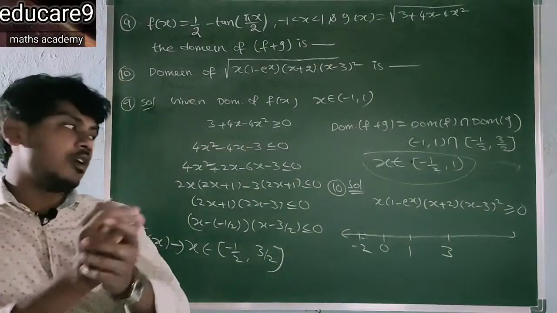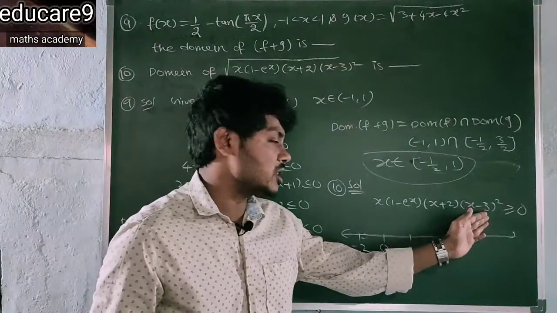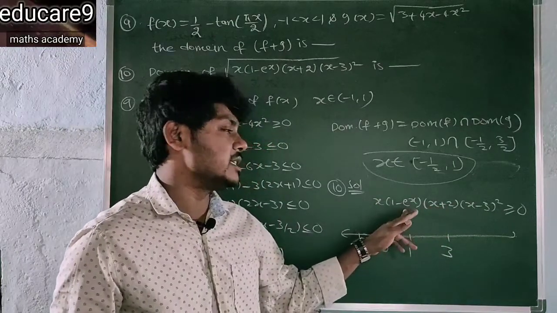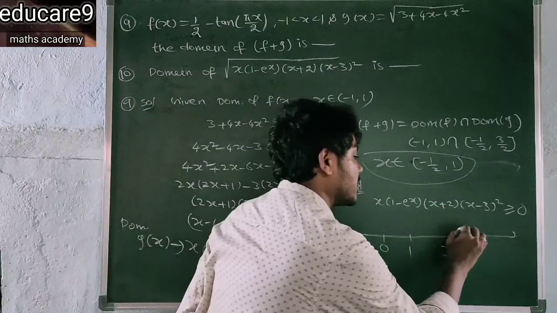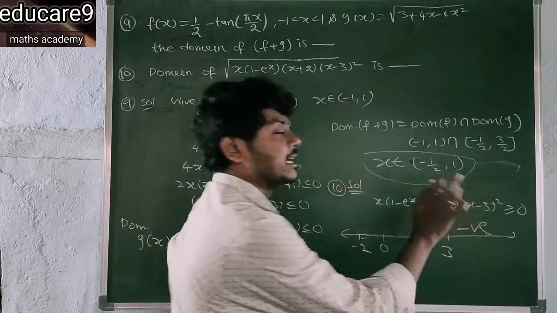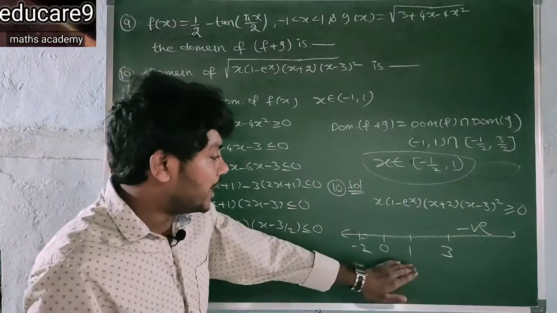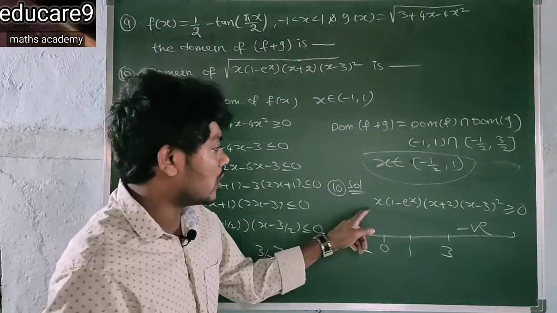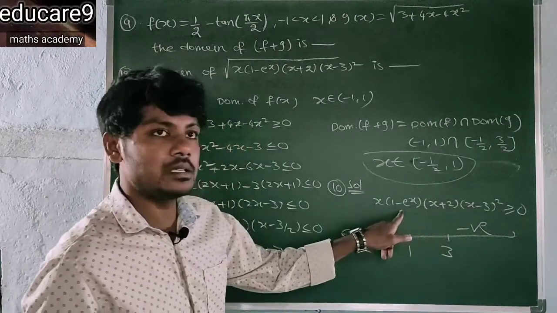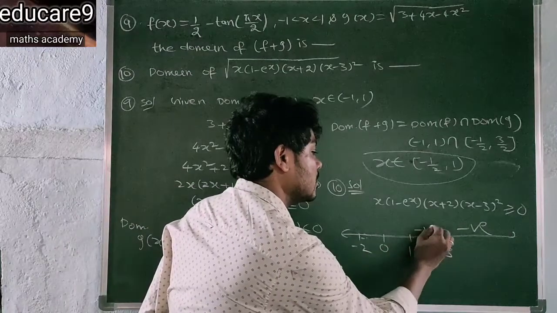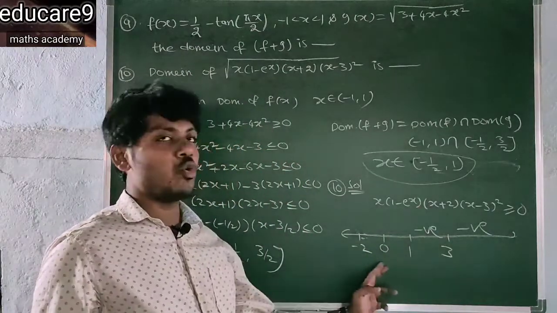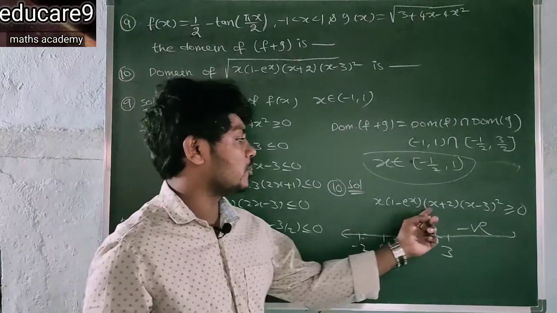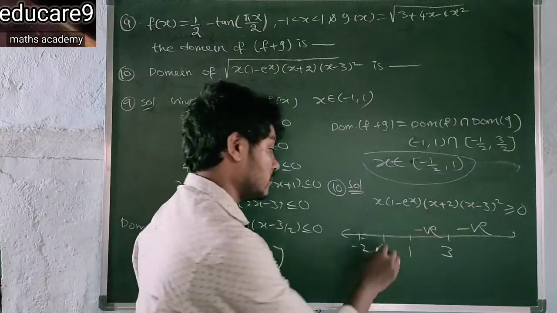If you substitute above 3, this is positive and this is positive, but this is negative. If you substitute above 3, this expression gets a negative sign. Between 1 and 3, for example x is equal to 2, positive, positive, positive, this is negative. Between 0 to 1, for example 0.5, positive, positive, positive, but this is negative.